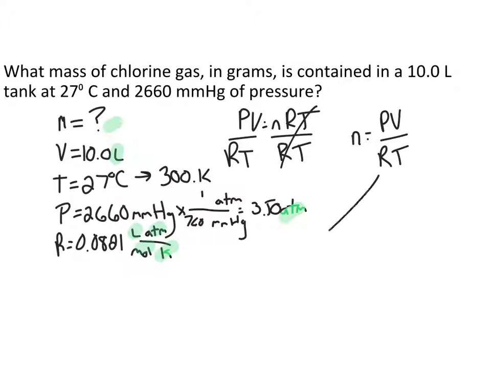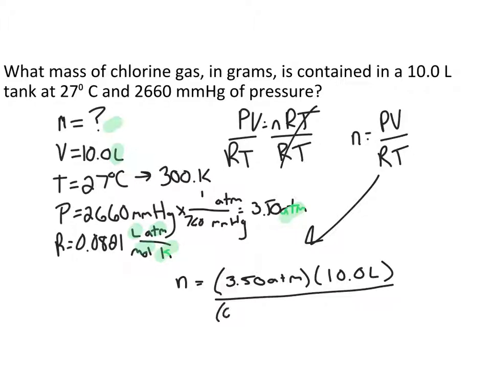So n equals pressure, which is 3.50 atmospheres, times V, which is 10.0 liters, all over R, which is 0.0821 liter atmospheres per mole Kelvin, and my temperature, which is 300 Kelvin.